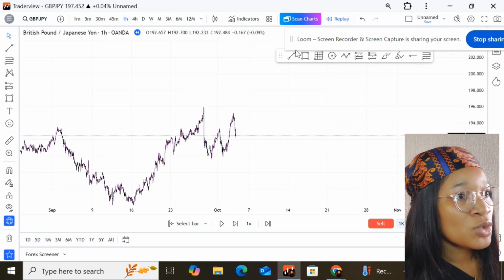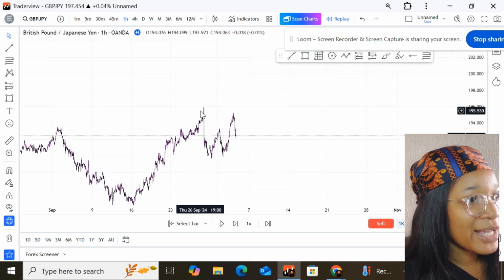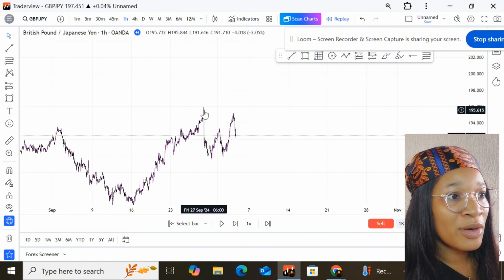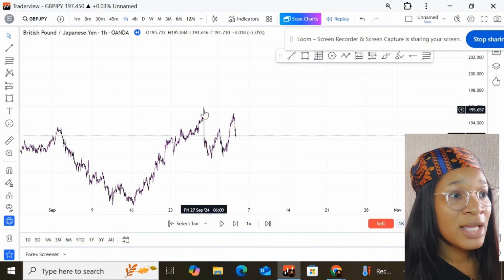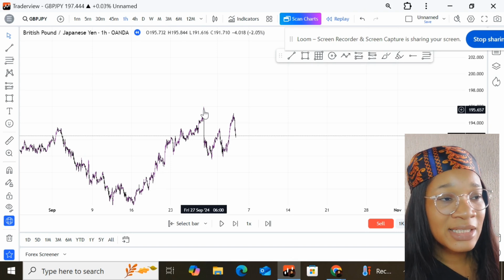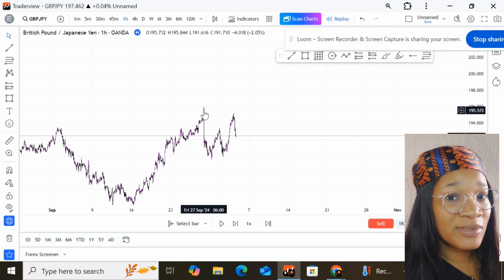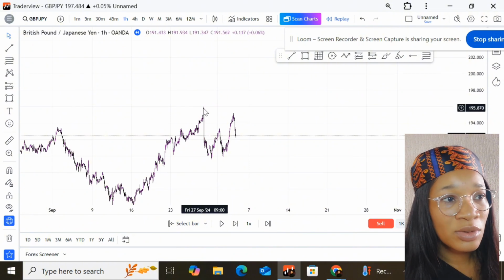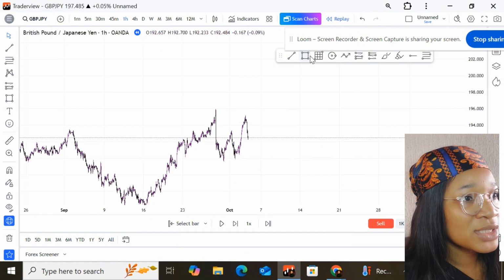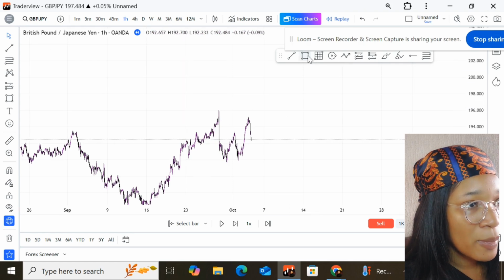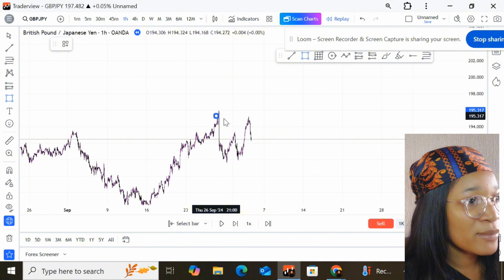All right, so I'm just going to be marking out the zone. My condition is let the tool I'm using be able to touch at least two resistance levels, two swing highs and two swing lows. It's looking like an ascending triangle to me, so that's exactly what I'm going to be marking.